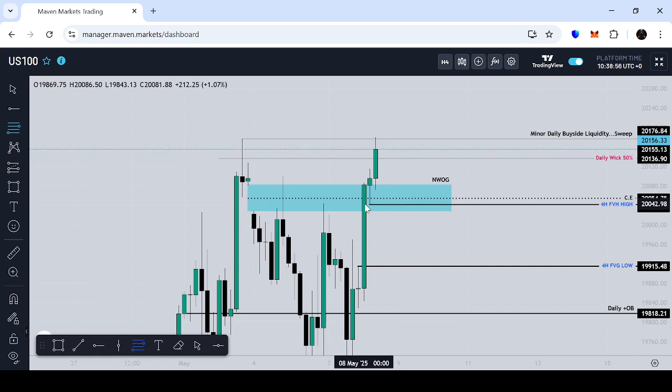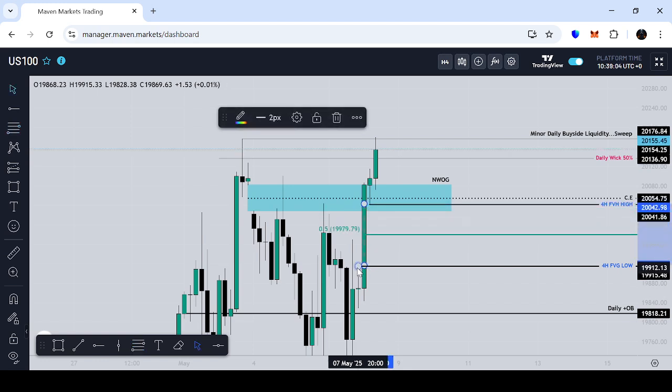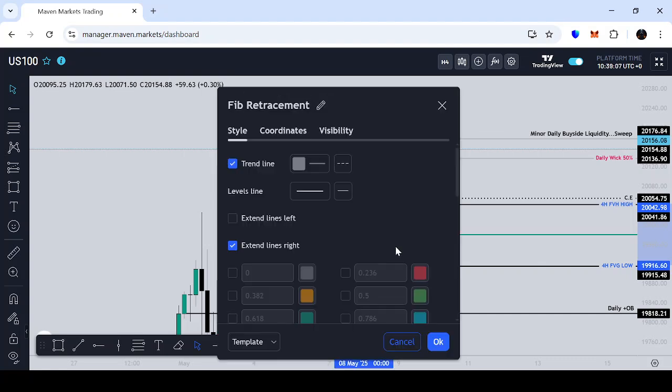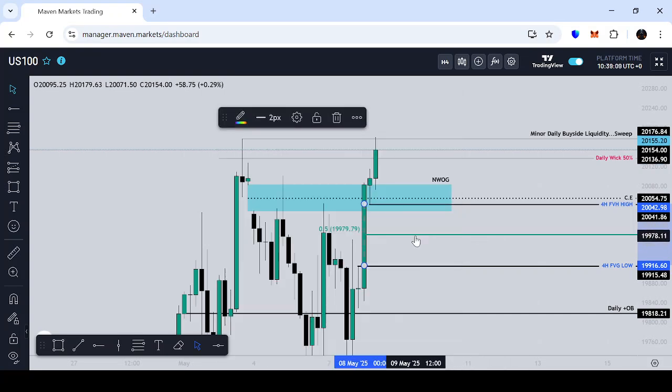So you are anchoring from the low of that candle being the high of the fair value gap to this high, the low of the fair value gap. The line over there, that's the 50% level, 0.5. That's the consequent encroachment for this inefficiency over here.